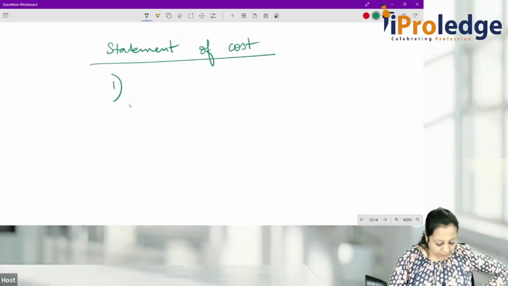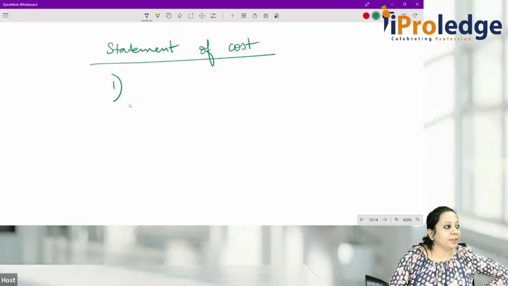So first we will calculate the cost, then we will come to the takings and all that.